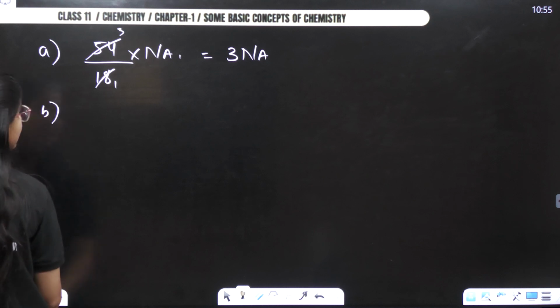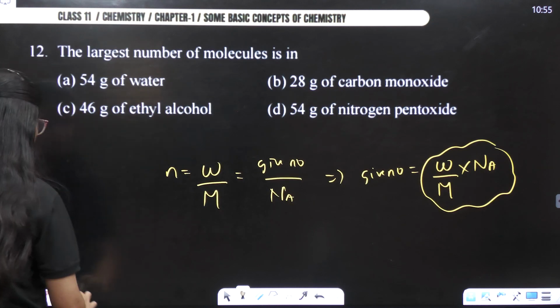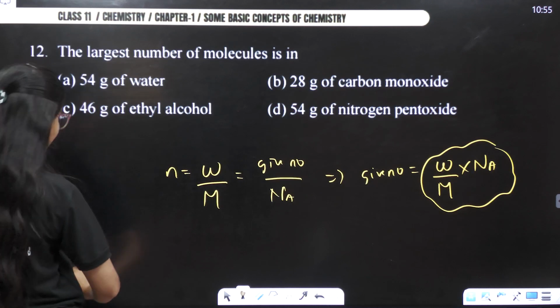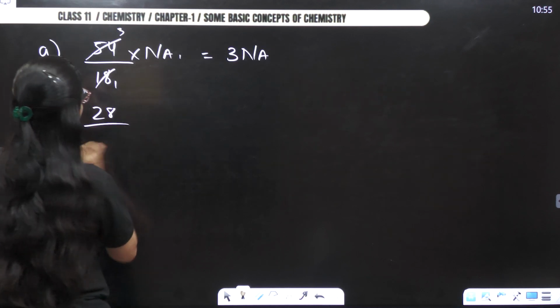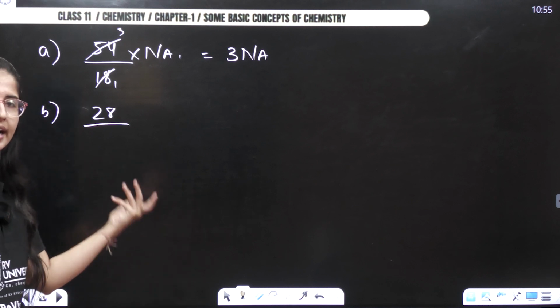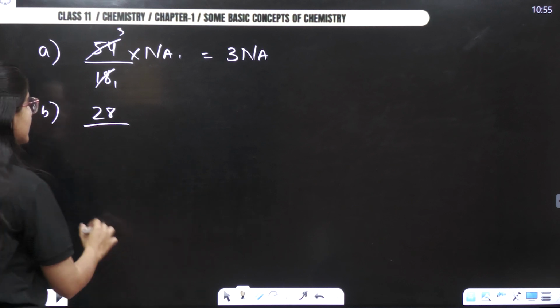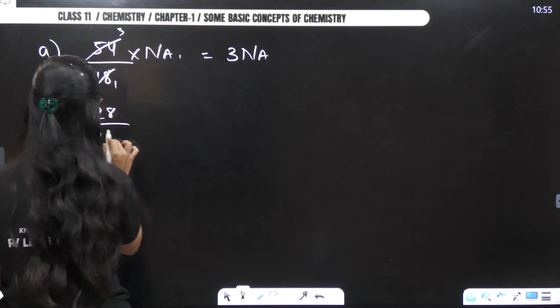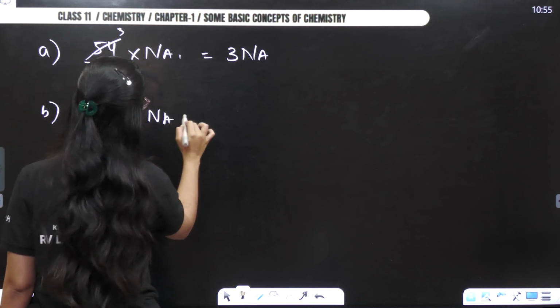Next option B, let us take 28 grams of carbon monoxide. What is the molecular mass of your carbon monoxide? That is 12 plus 16, so 12 plus 16 will give you 28 into NA. So that is only NA times.